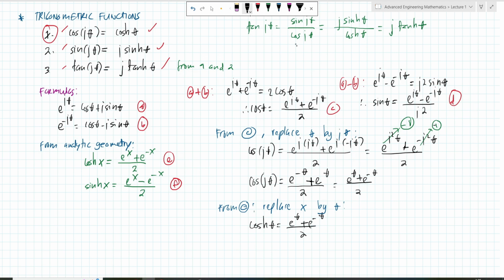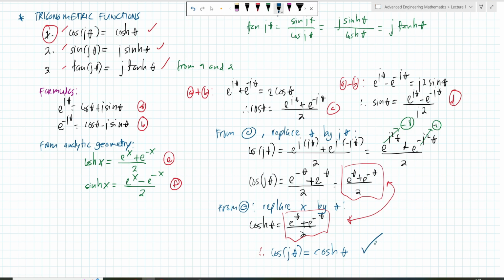Look at the right side of these two equations. They are both e raised to theta plus e raised to negative theta over 2. So from these two equations, we can say that the cosine of j theta is equal to the cosine hyperbolic of theta.